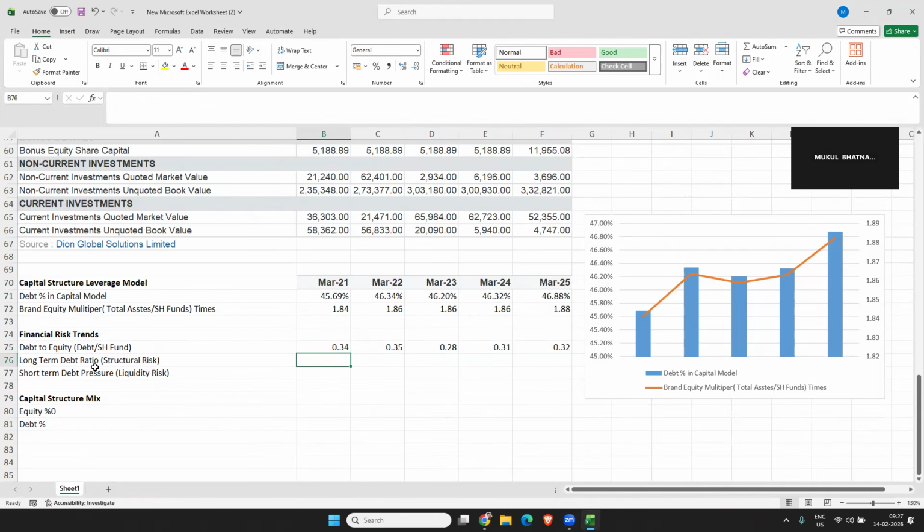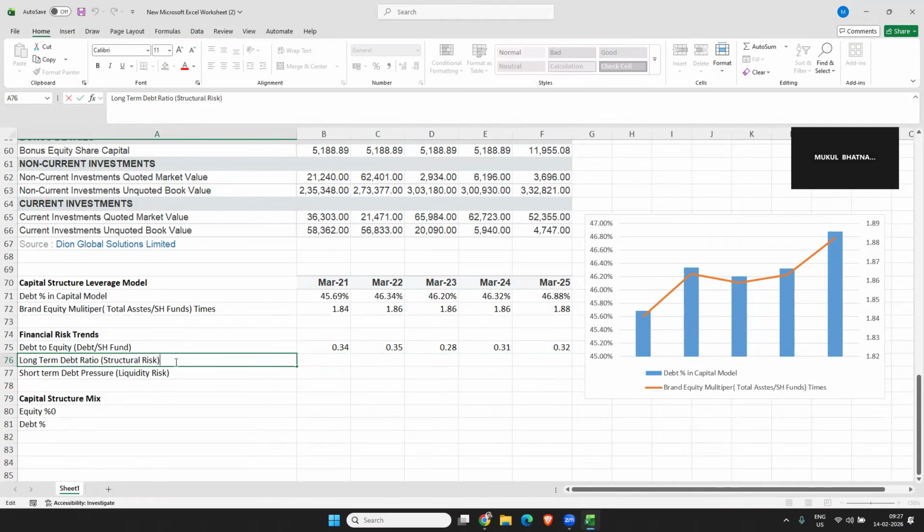Then we are having long-term debt ratio. So for your reference, let me write the formula for long-term debt ratio. It is long-term debt divided by, again, long-term debt plus shareholder fund.